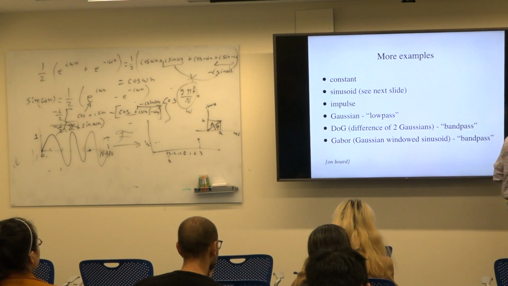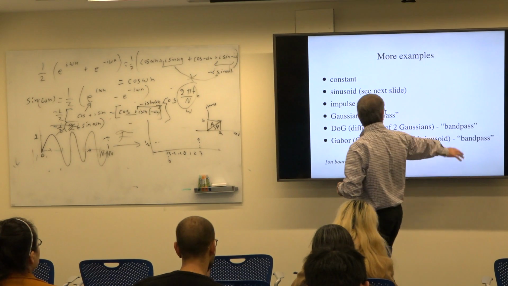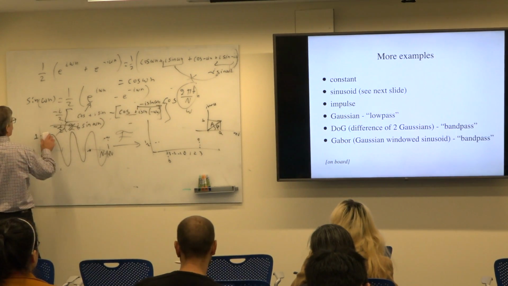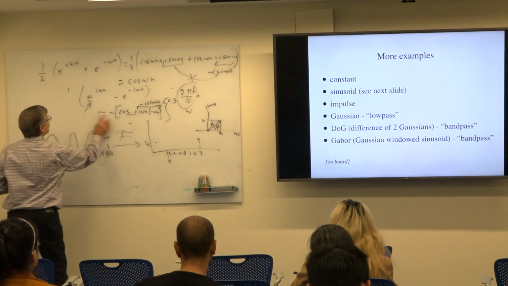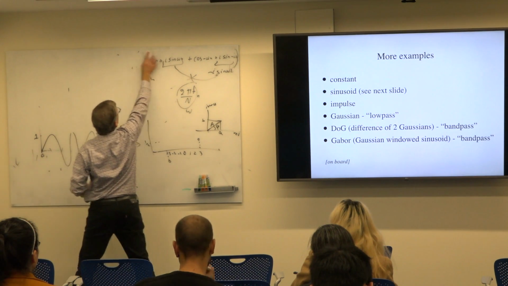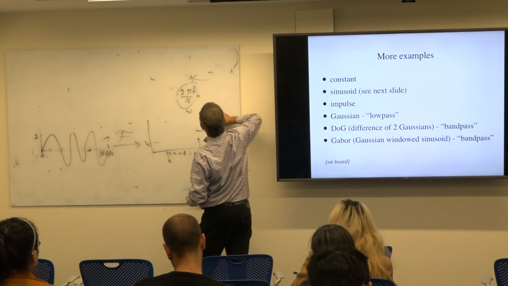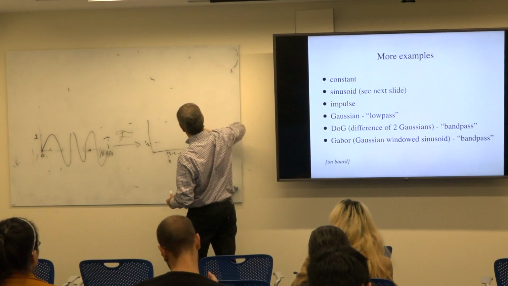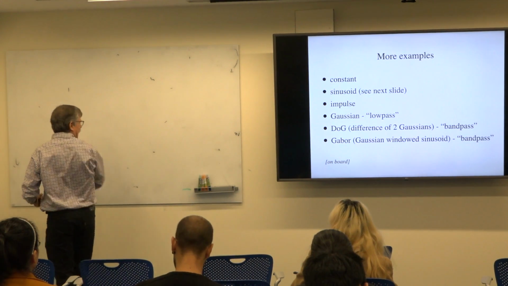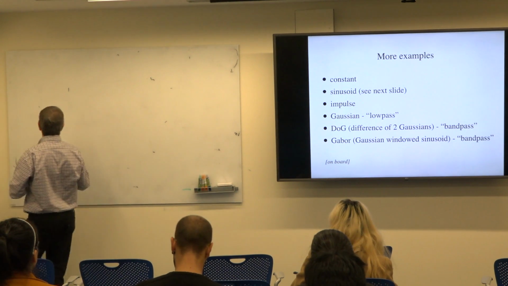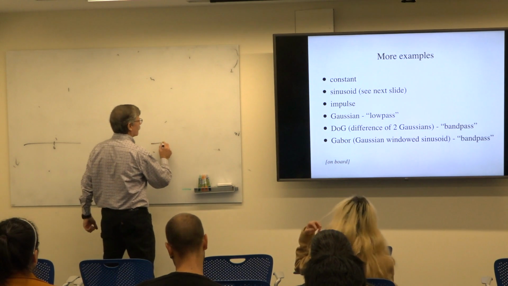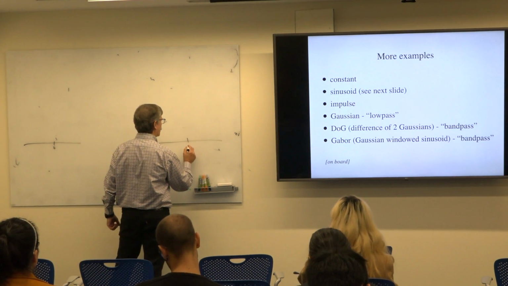Okay. Two other highly relevant signals in neuroscience and their pairs. One is a difference of Gaussians. So let me go back to doing Gaussians. And let me go back to acting like we're symmetric around time 0, even though that's not how the math works, and we're centered around frequency 0.